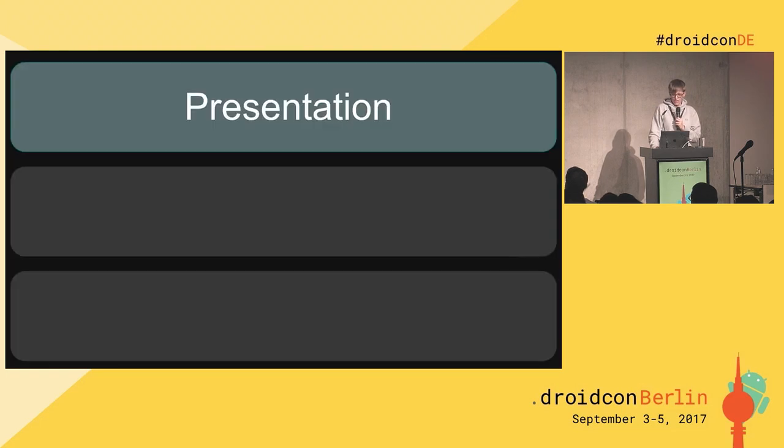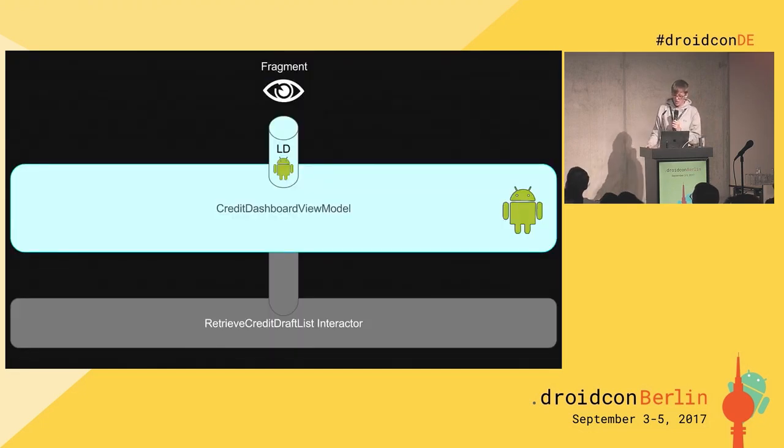Cool. All right, so we have done now the domain layer, and we're going to go with the presentation. For the presentation, we're going to have the credit dashboard view model. That's how we call the fragment, credit dashboard fragment. So credit dashboard view model is going to be consuming from the retrieve credit draft list interactor, and it's going to create this live data.